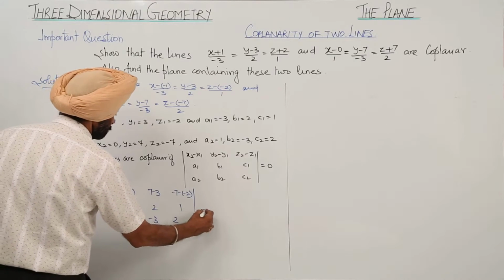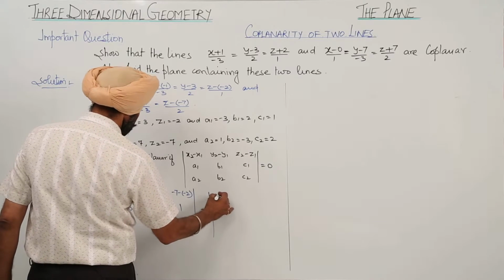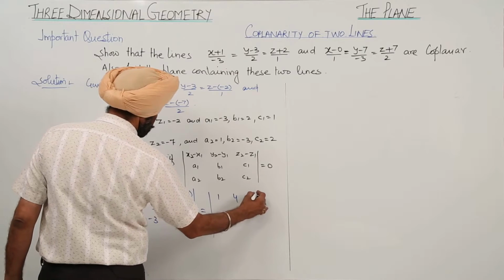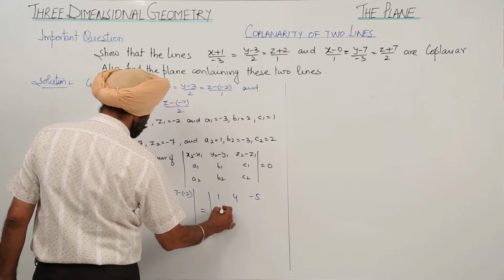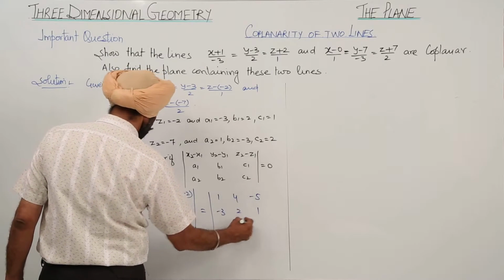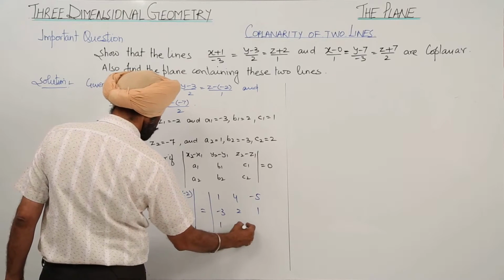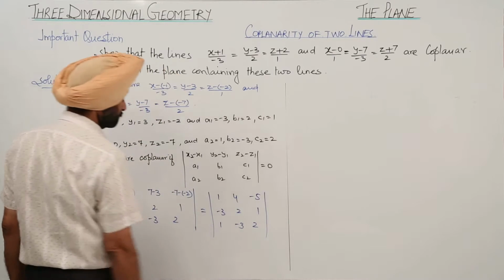Now this is equal to 1 4 minus 5, minus 3 2 1, 1 minus 3 and 2.